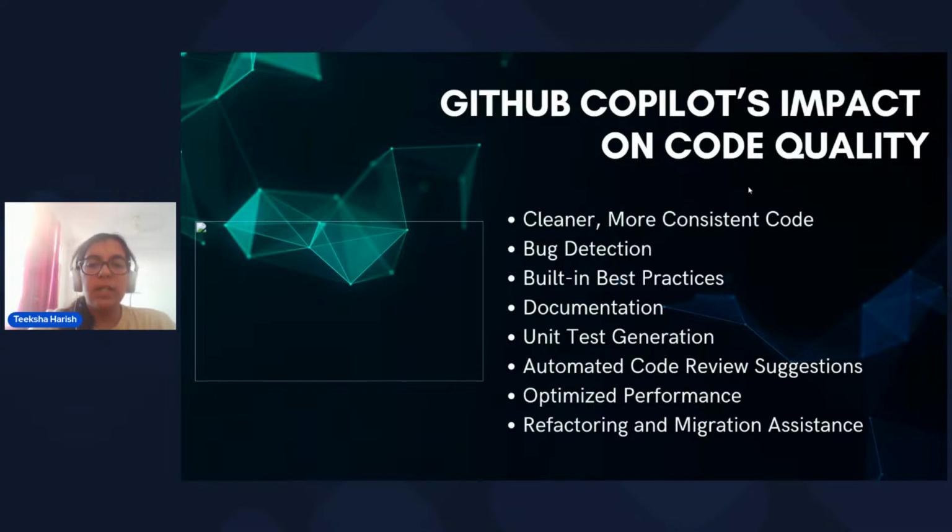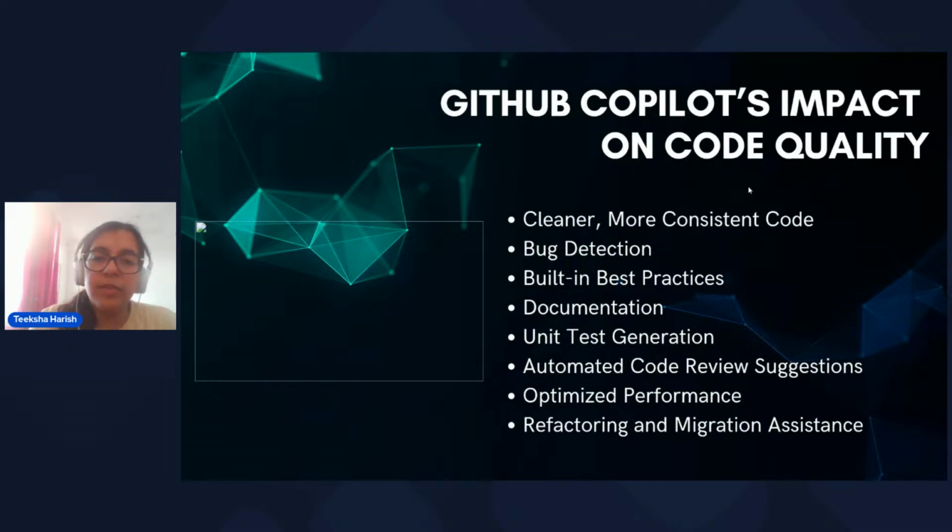So GitHub Copilot can suggest changes and snippets so that the code is more consistent throughout the repo, and even if various people contribute to the same repo, the coding style is consistent and the code is clean and formatted. If the code is not formatted, we can tell it to format it or add comments so that other people can understand it. We can tell it to write documentation, etc. So that is one thing which improves the code quality.